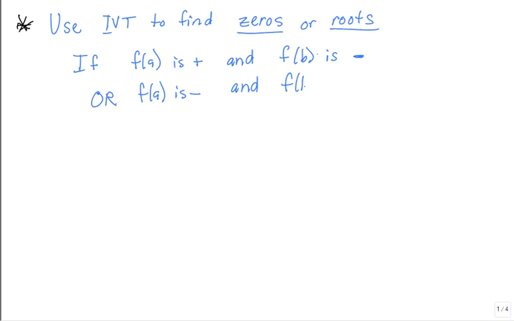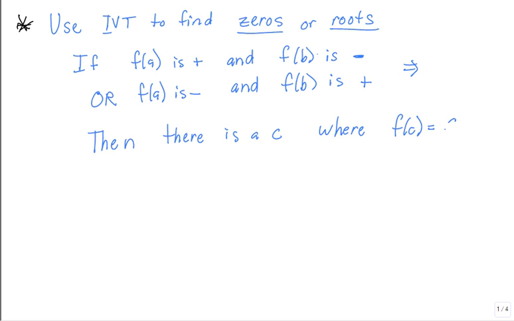That puts them on different sides of the x-axis. If one's above the x-axis and one's below the x-axis, then there is a c where the function value is 0.